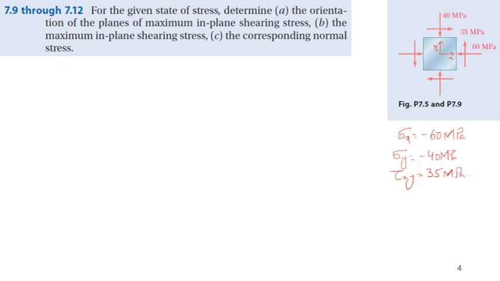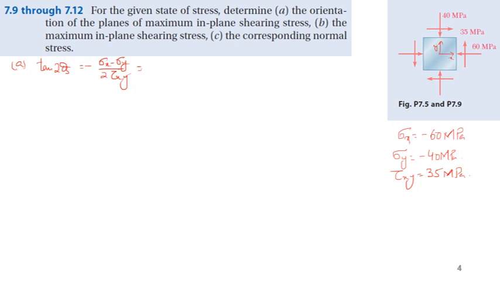Now part A, the location for maximum shearing stress. We know that tan 2 theta s is equal to minus sigma x minus sigma y divided by 2 times tau xy.